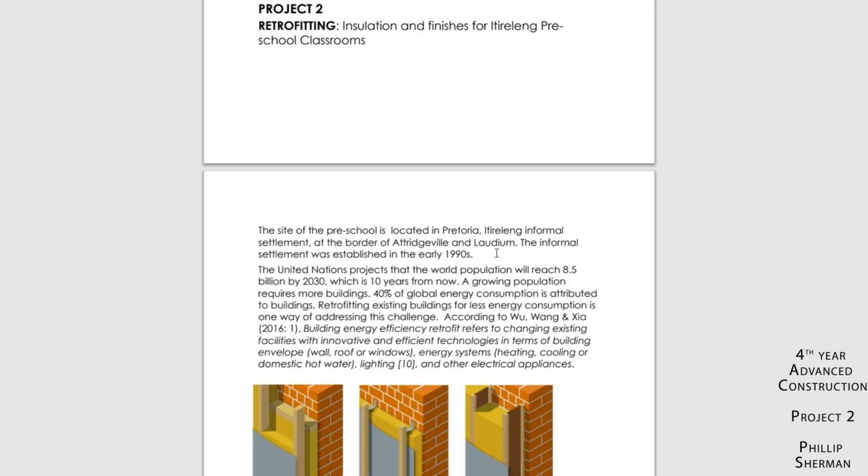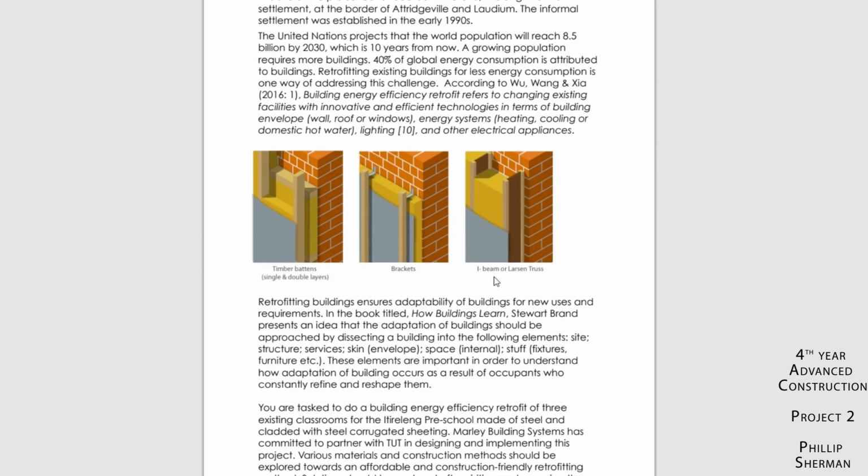Project 2, retrofitting. The installation and finishes for Itireleng Preschool classroom. So this is a retrofit project. If you scroll down and you look at the 3 graphics illustrated there, that is showing what a retrofit means. So retrofitting is you take something that's existing and you retrofit an existing building for less energy consumption.